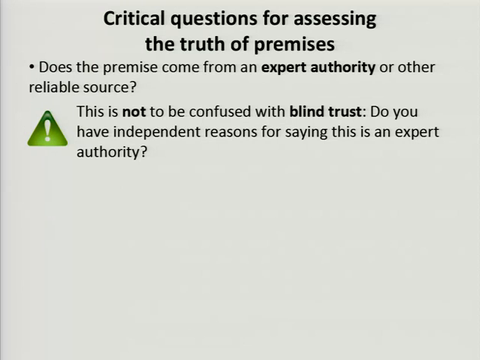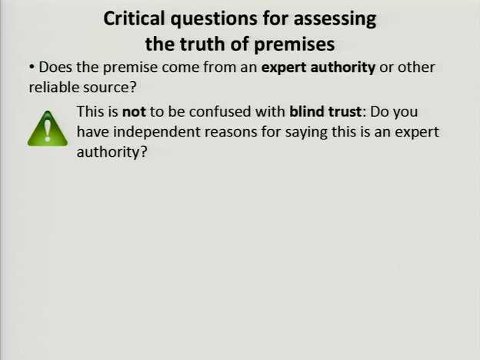So first question you can ask here: does the premise come from an expert authority or some other reliable resource? This relates to what we were talking about earlier on, about the reliability and unreliability of sources. And this is a difficult one because immediately it comes with a warning sign.